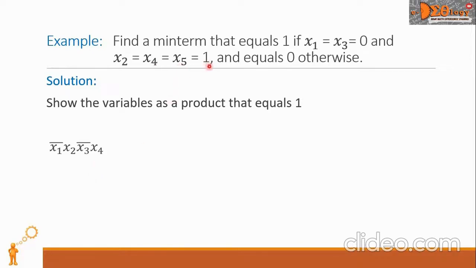This is equal to 1 also, so we will just copy it in here. So x sub 1 complement times x sub 2 times x sub 3 complement times x sub 4 times x sub 5. This is the min term. This is our final answer.